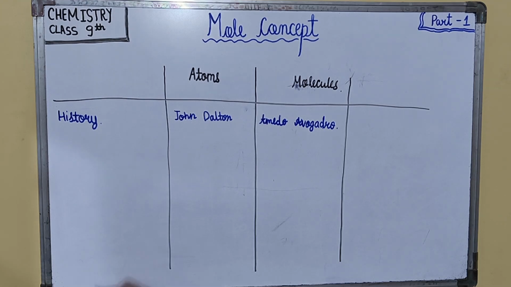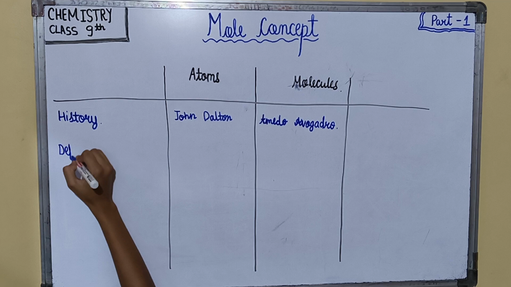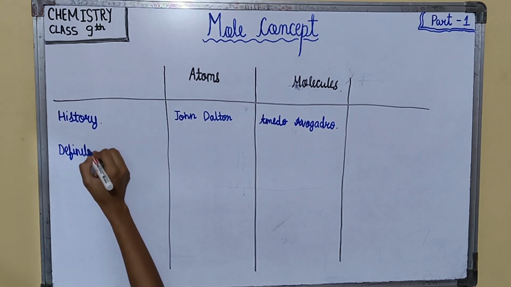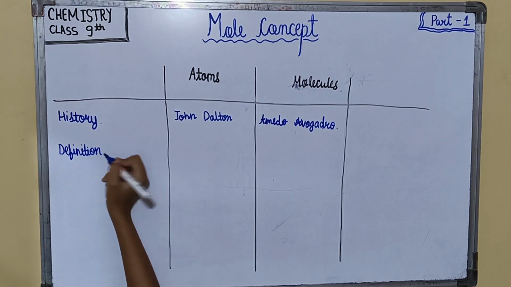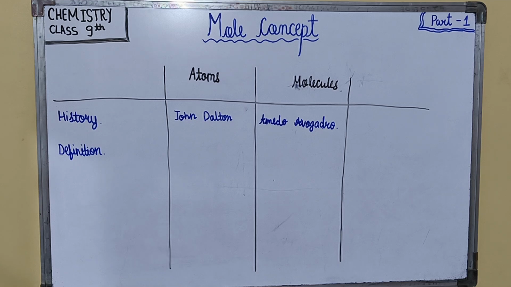The definition of atom. I'll say the definition out. The definition of atom is: the smallest particle of an element that takes part in a chemical reaction and may or may not exist independently is called an atom.